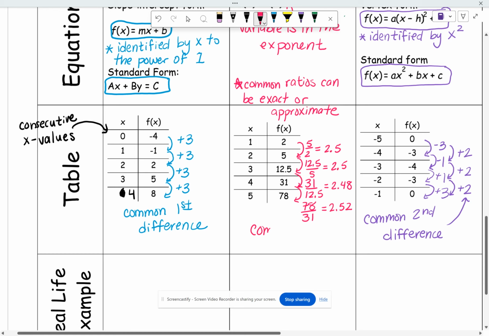This is a common ratio. I think the ones in your assignment are exact, if I remember correctly. So common ratios can be exact or approximate. They might just be really, really close. I mean, if I rounded these two numbers to the nearest tenth, they would both round to 2.5.